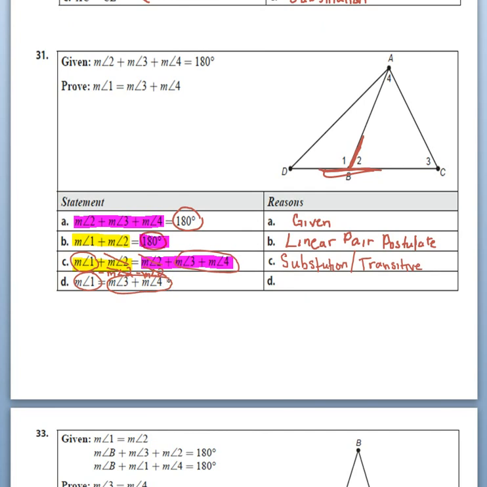So how did I get from statement C to statement D? That is what I put over here. What did I do? I subtracted angle 2 from each side. So my reason is because of the subtraction property.